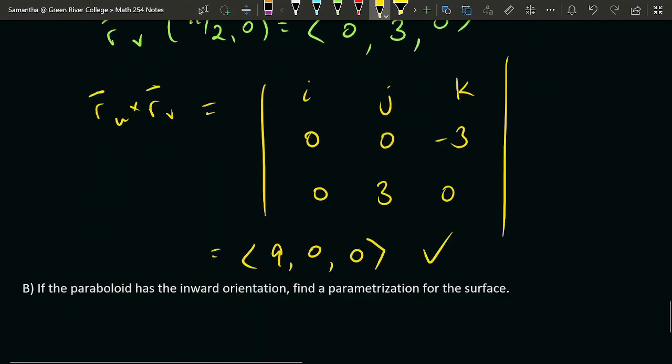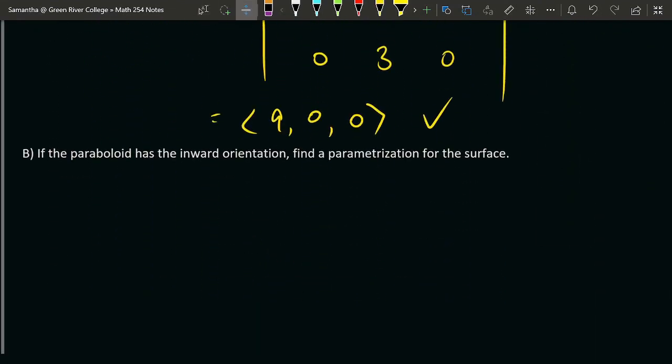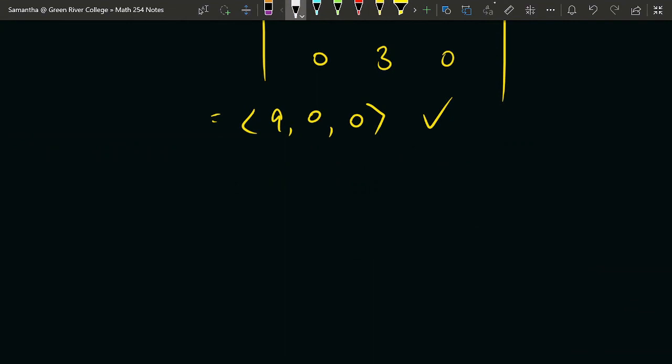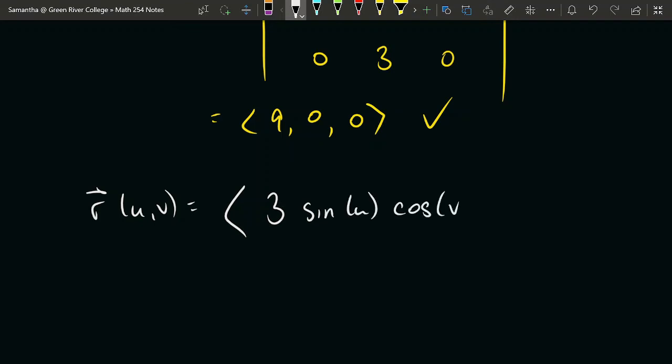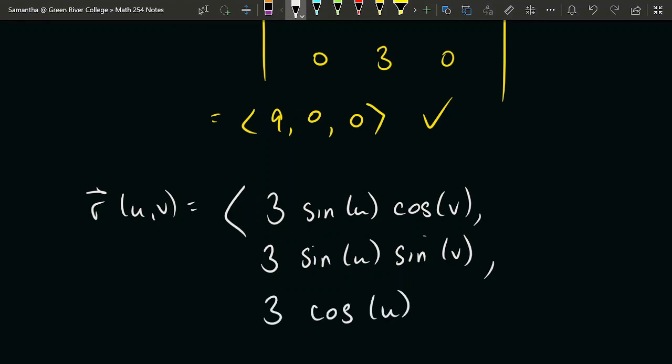So this parametrization that we have just found, where x is equal to 3 times sine u times cosine v, y is equal to 3 times sine u times sine of v, and z is equal to 3 times cosine of u, would be a parametrization for this surface that has the correct outward orientation.